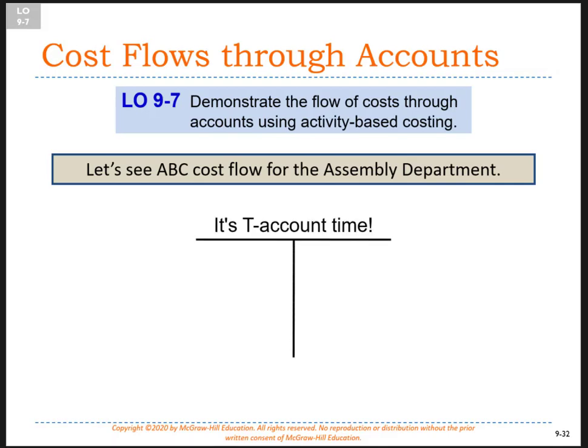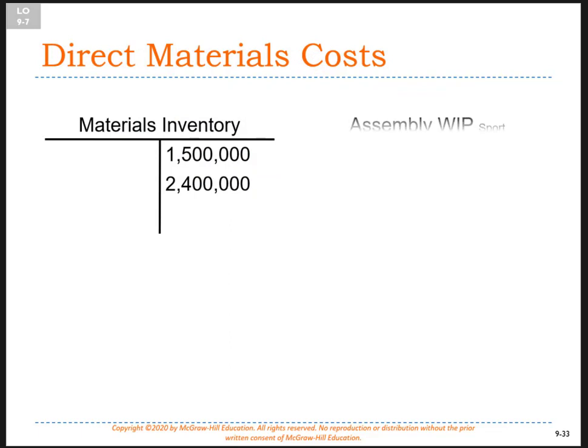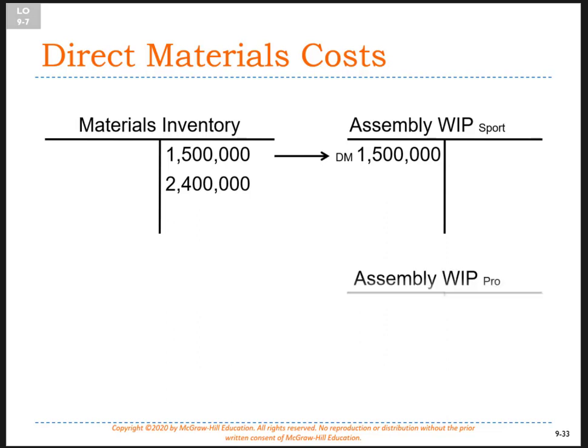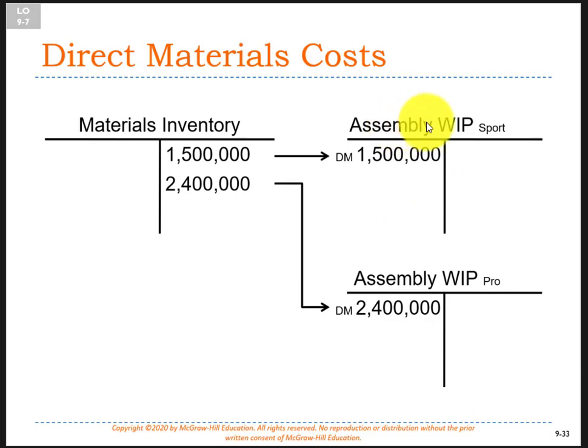So, T account time. Materials inventory, just like we always have, goes to our work in process. Notice that they have broken down our work in process for assembly between our two products.